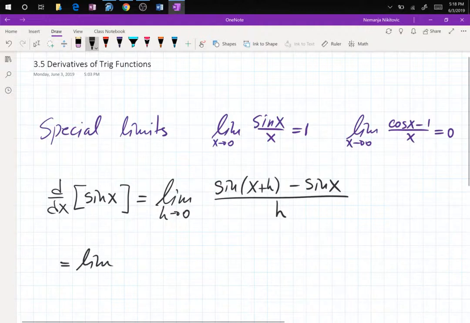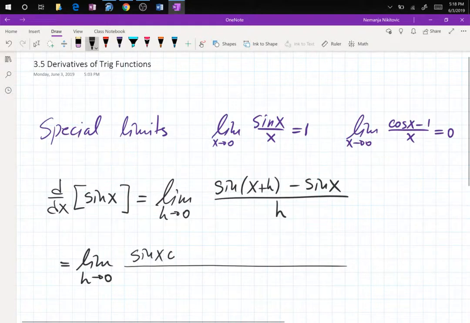The only thing we can do is use the sum of 2 angles formula for sine to expand sine of x plus h. So that would be sine x cosine h plus sine h cosine x, and then we have minus sine x, divided by h.